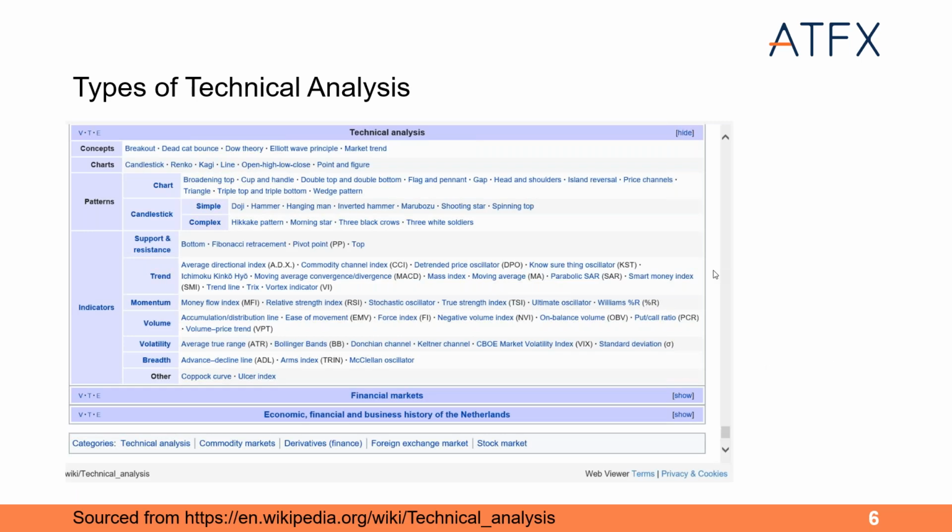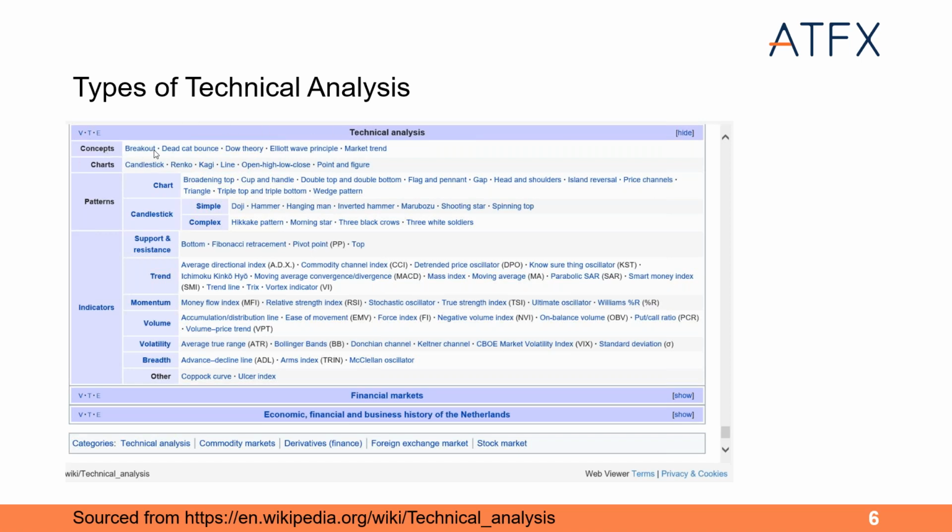So, the types of technical analysis. As we can see here, there are several different types of technical analysis. We've got some concepts here.